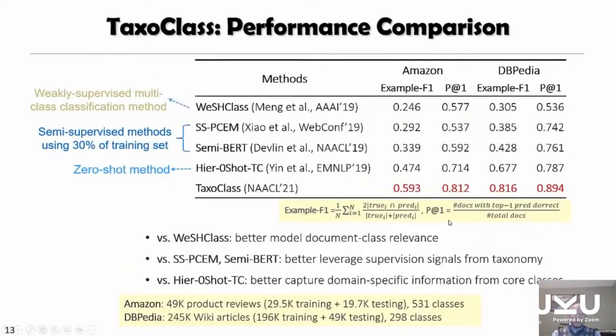Okay. We actually took this into consideration and built this text classification algorithm. You probably can see that compared with many other algorithms, this algorithm gives you far better F1 value and precision at 1. Okay. And the text classes could actually be hundreds of classes.